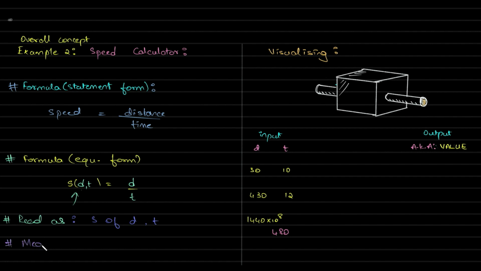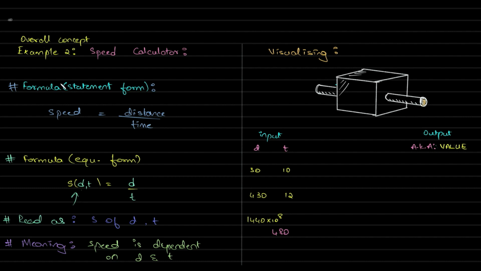It means that speed is dependent on distance and time. So distance and time are independent variables while speed is your dependent variable in this particular case.